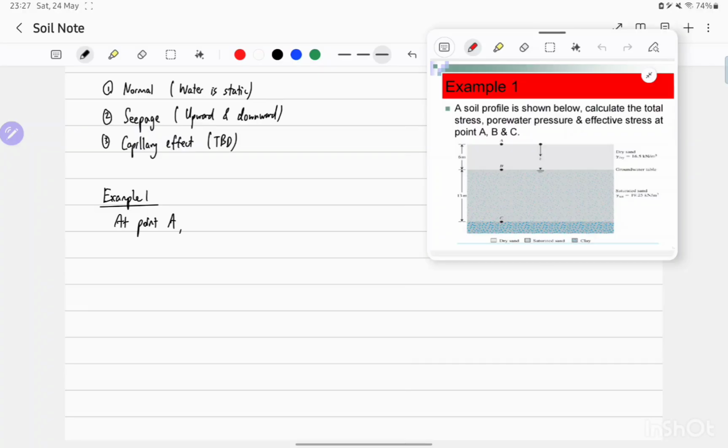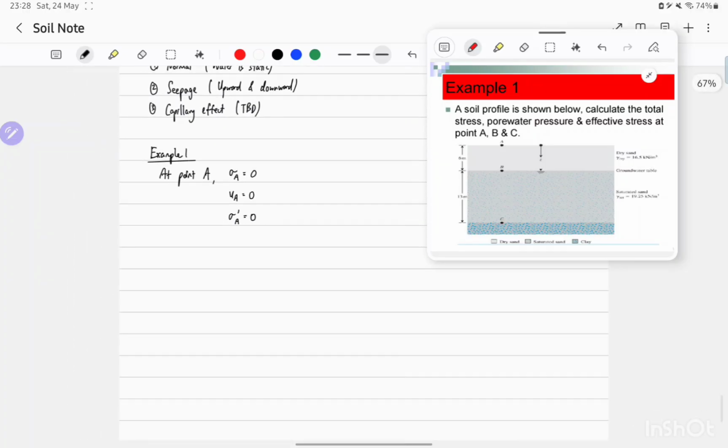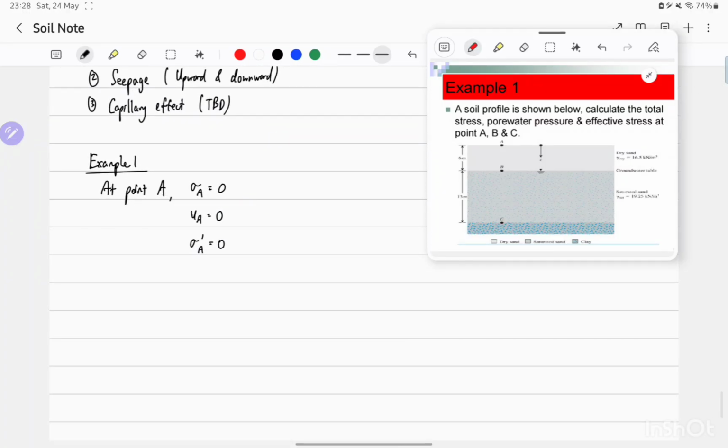We need to look at what's on top of point A. It's nothing, right? Anything at the topmost layer will have no stress because nothing is pushing the forces downward. So at point A, sigma is 0, U is 0, then sigma prime is 0. Normally we will start from total stress, then pore pressure, and then effective stress.